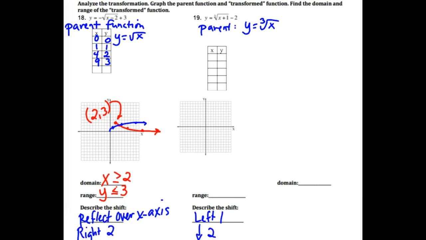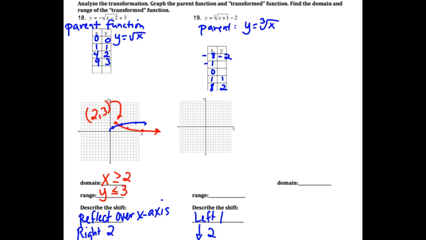Okay? To start with our cube root function, our parent function being y equals the cube root of x, we are actually going to go from -8, -1, 0, 1, 8. We're going to use those values because they're easy to cube root. When I cube root an 8, I get a 2, so cube rooting -8 would be -2.